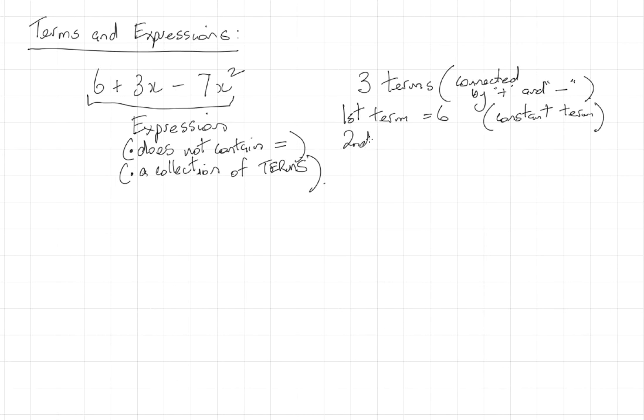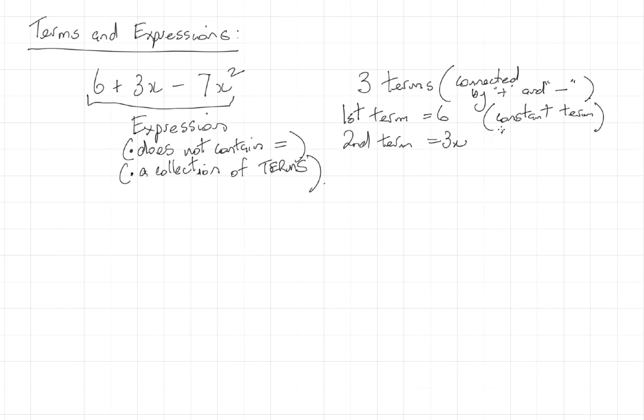The second term is equal to 3x. Now 3x means 3 multiplied by x. It is made up of a number and a pronumeral. X is the pronumeral or letter of the alphabet.